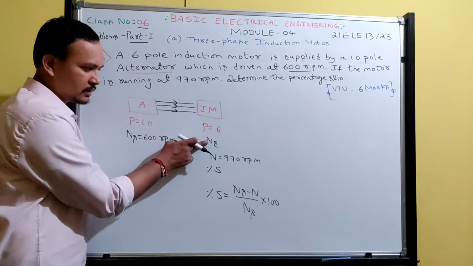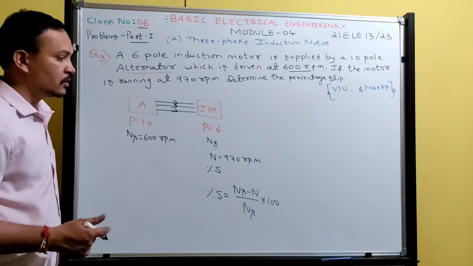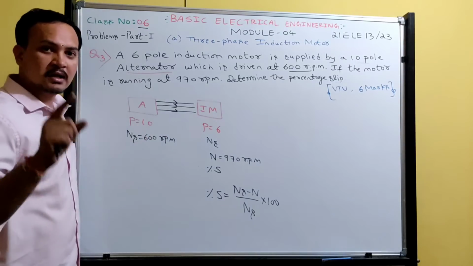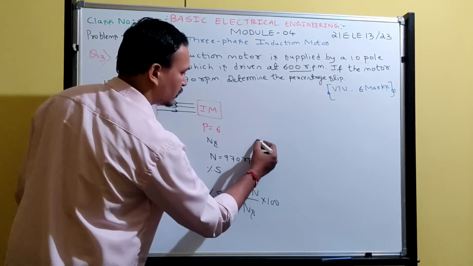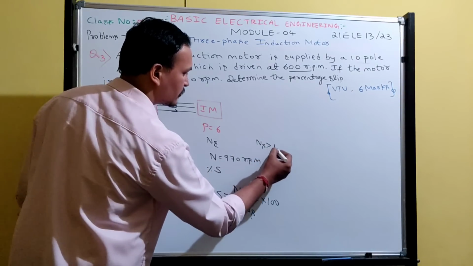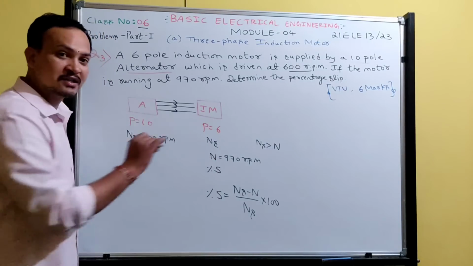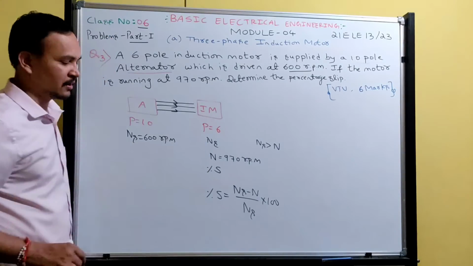Once we calculate this, we substitute here and get the percentage slip. What is the predicted answer for Ns? Ns should be more than N. N is 970, so Ns should be more than 970, since it is an induction motor. Let's see how much we get.